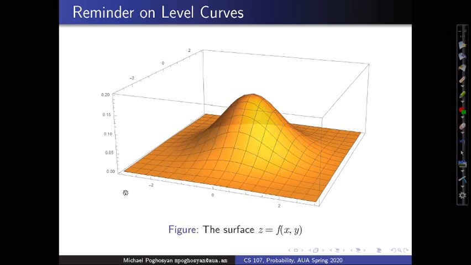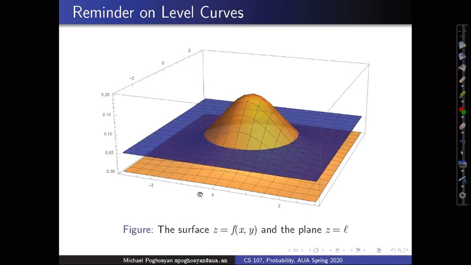So I'm taking L equal to 0.05, and then I'm taking the plane which is parallel to the xy-plane. So this is the x-axis and this is the y-axis, and this is the z-axis. So I'm taking this point 0.05 and I'm taking a horizontal plane passing through that point.